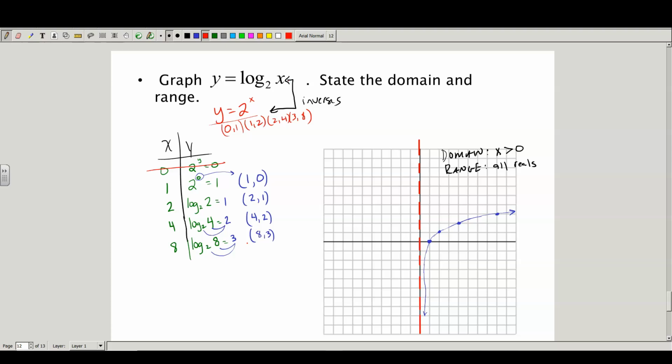Okay? So what that means, again, is it's going to be a reflection. If you were to graph these two things side by side, let's go ahead and do that.